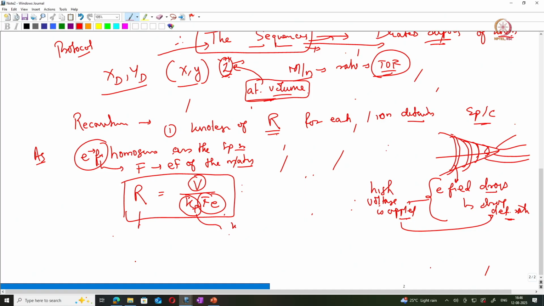As we described, Kf is the field factor, and Fe is the evaporation field, which we are assuming is a constant for a given material.